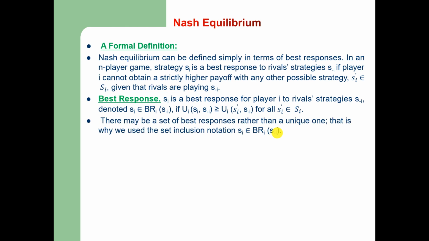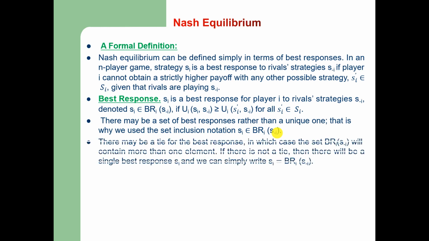That is why we use the set inclusion notation: S_i is a member of BR_i(S sub minus i). There may be a tie for the best response, in which case the set BR_i will contain more than one element. If there is not a tie, then there will be a single best response S_i, and we can simply write S_i is equal to BR_i.